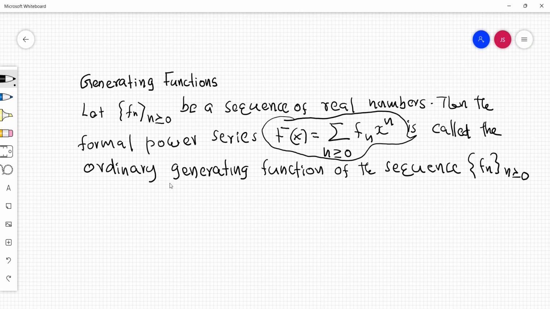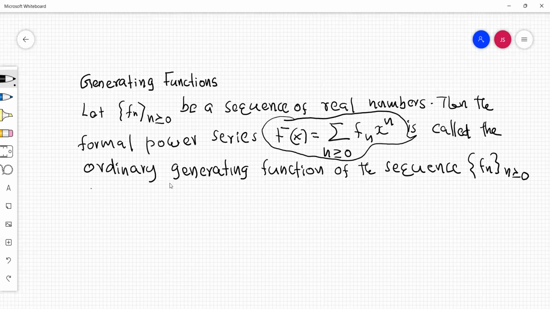Some power series converge not on the whole real number line but only in some interval. But when studying generating functions, unless otherwise specified, we are not considering the radius of convergence. We formally define it like that, and then we manipulate it algebraically without considering any convergence.